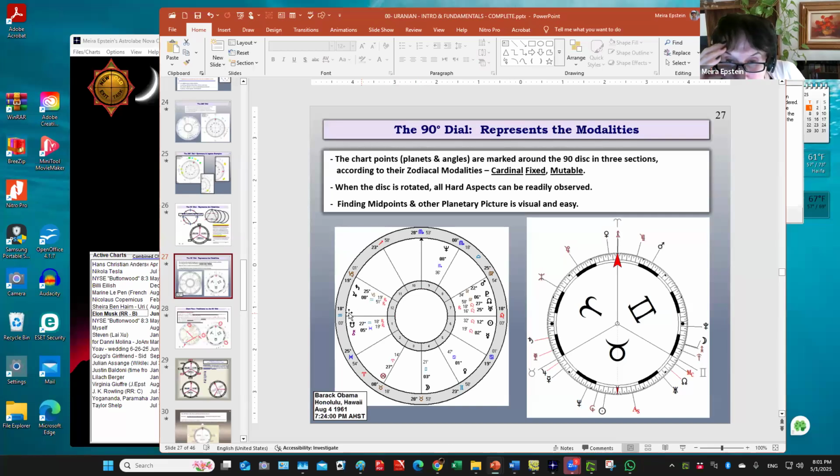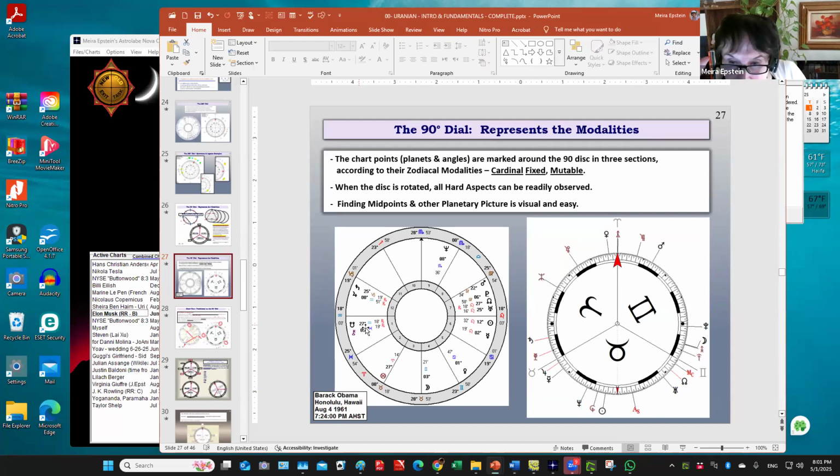So if I start from the ascendant, 18 Aquarius, here is Aquarius falls at the fixed right here. The small arrow at the bottom represents the middle of the fixed, 15 fixed, exactly in the middle. His ascendant is 18, 3 degrees to the right.